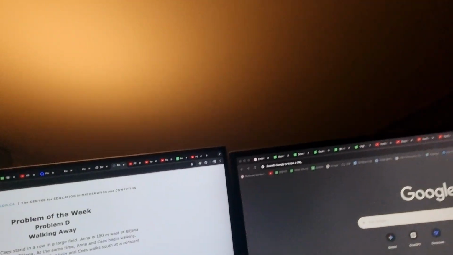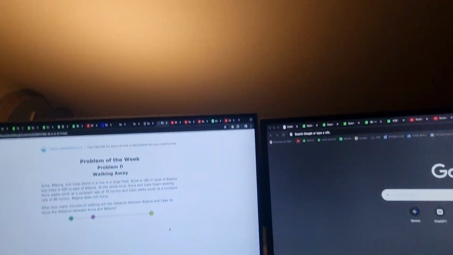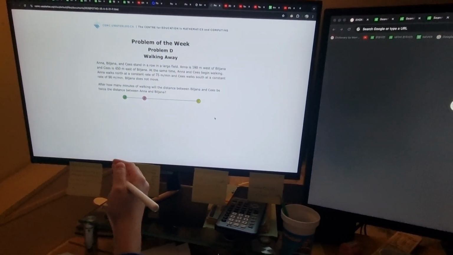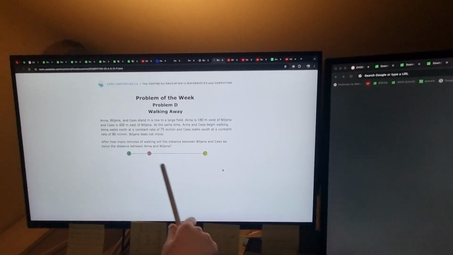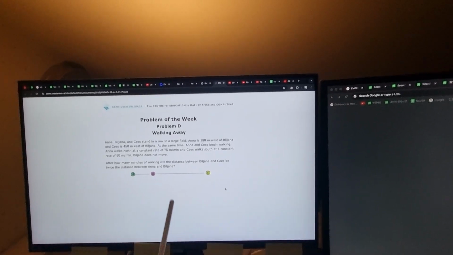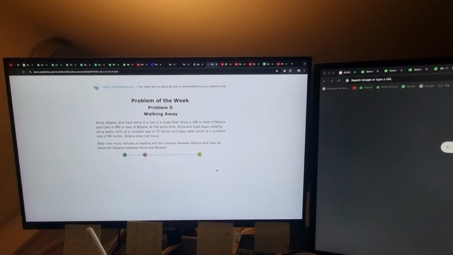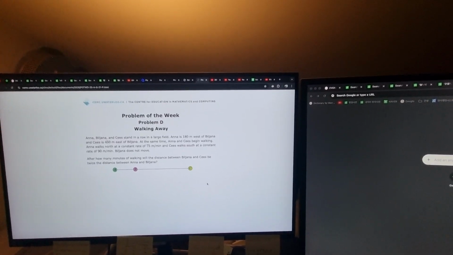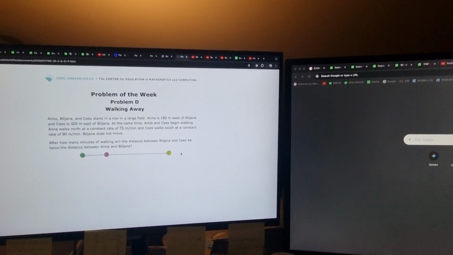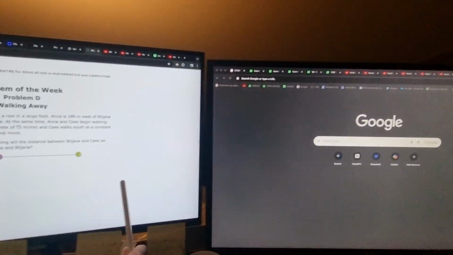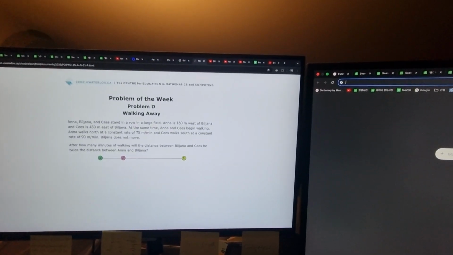A walks at a consistent rate of 75 meters, and C walks south at a consistent rate of 90 meters, and B does not move at all. After X minutes of walking, when will the distance of AB and BC be a ratio of 2 to 1?